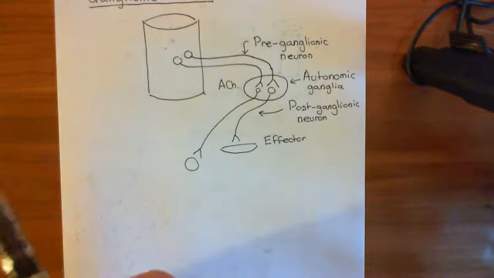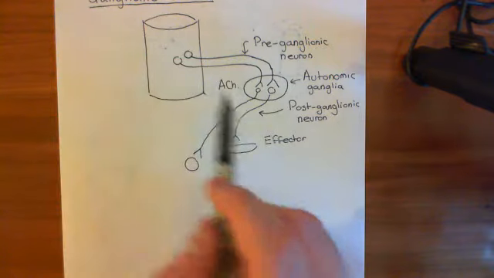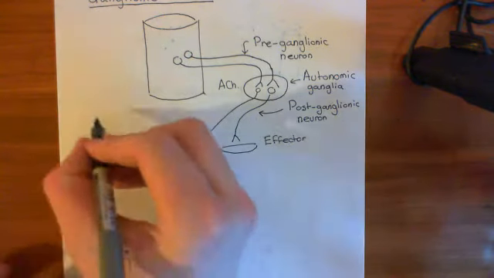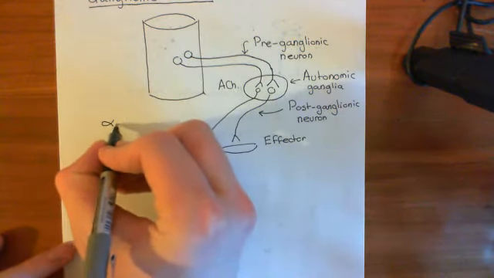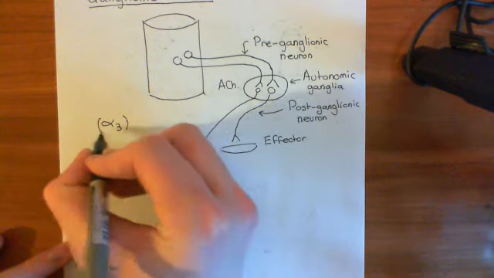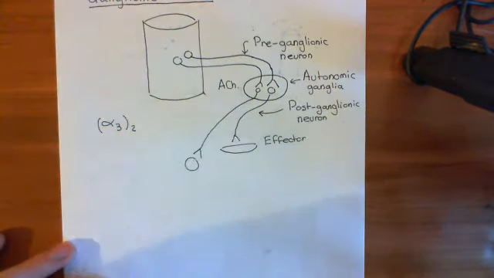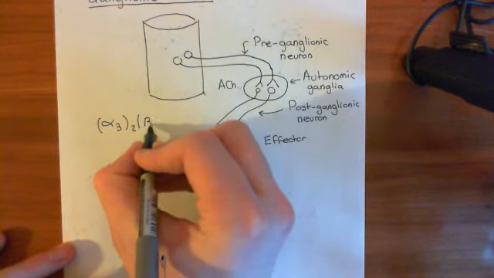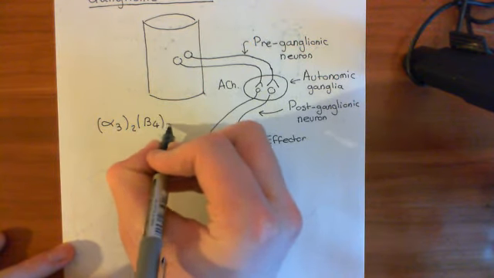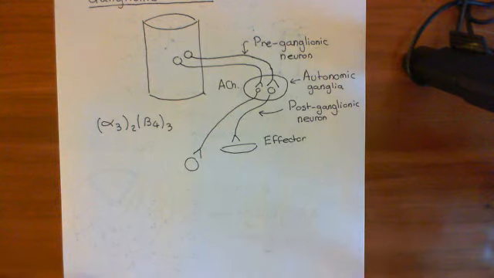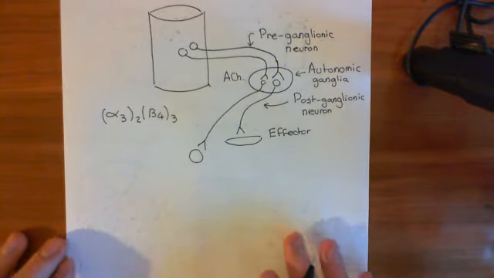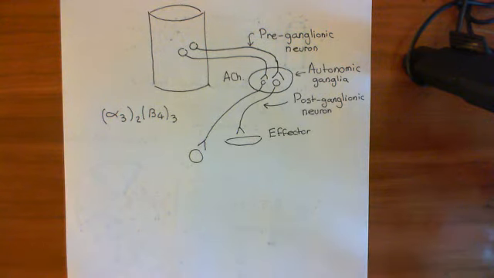But the predominant one is known as the ganglionic nicotinic acetylcholine receptor. It's got the subunit composition alpha 3 2, so you have 2 alpha 3 subunits, and then also beta 4, and you have 3 lots of those. Let me show you in our cartwheel diagram the structure of this nicotinic acetylcholine receptor.